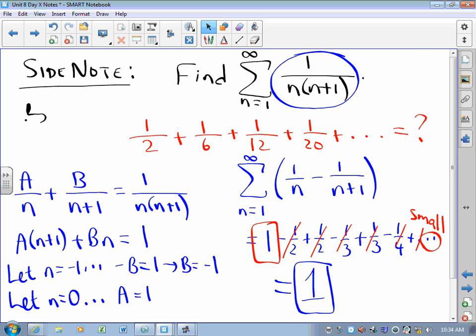Moral of the story, if I ask you to find a sum, and that sum is not a sum of a geometric series, and that sum is not one of the series that you had to memorize, and that fraction has a factorable denominator, chances are it decomposes just like you learned how to decompose.